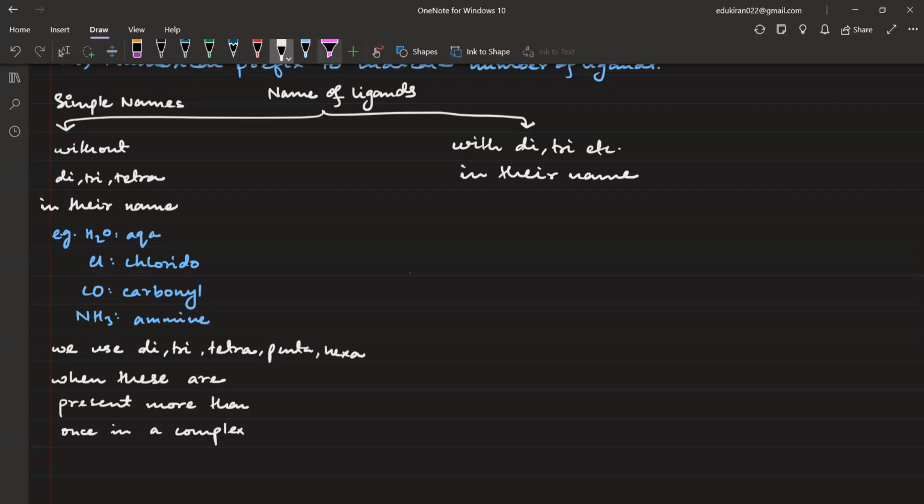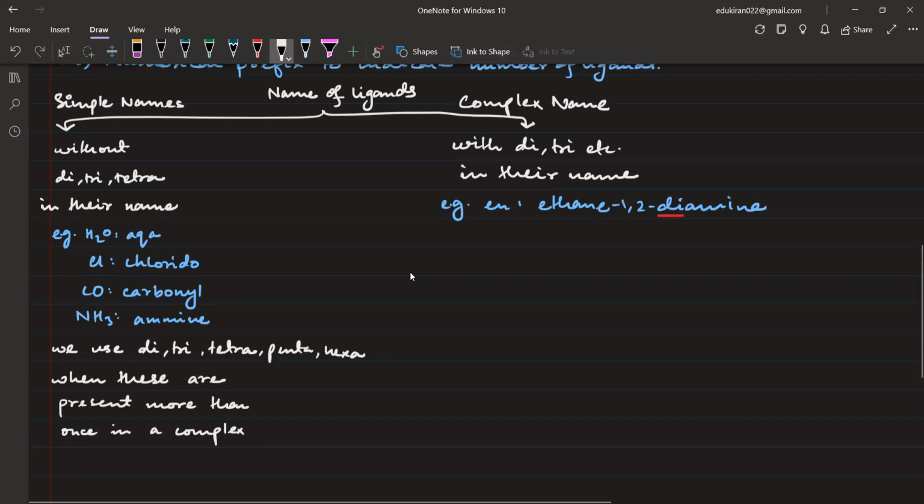For example, what do we have? We have things like En. What is En? Ethane 1,2-diamine. So when you have di in the name, these type of names you can call complex names. Simple names of ligands, and there are some ligand names which are complex, which have di, tri, tetra in their names.